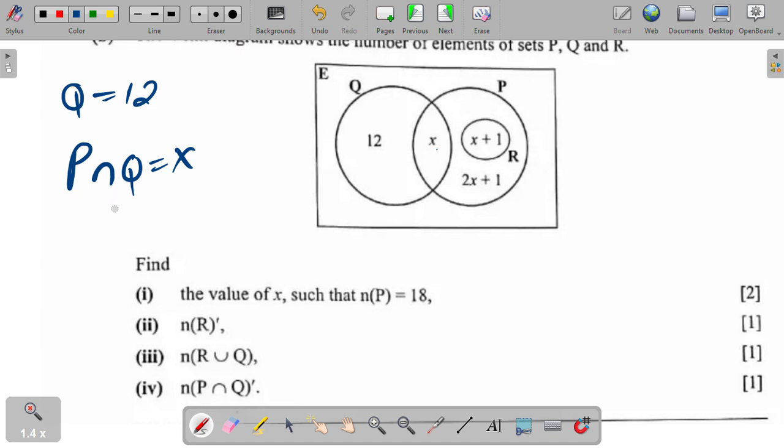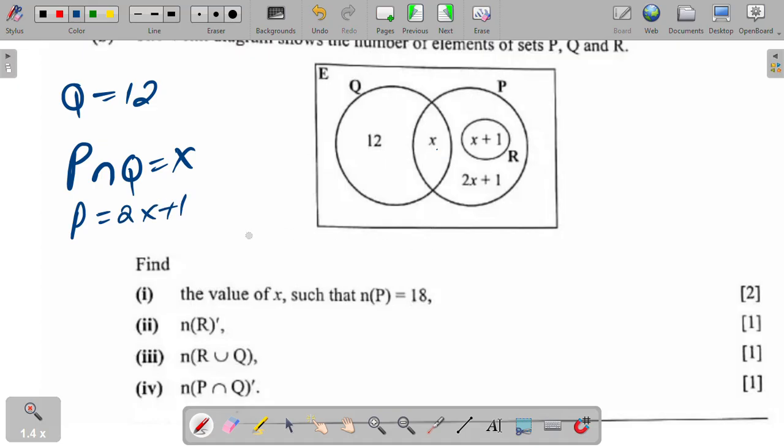What about the set inside P but outside R? What elements are there? Inside P but outside R, we have 2x plus 1.